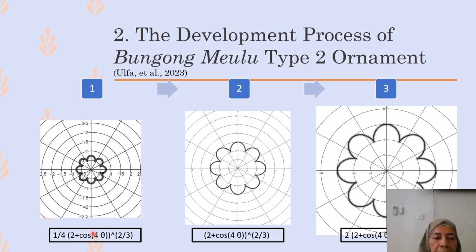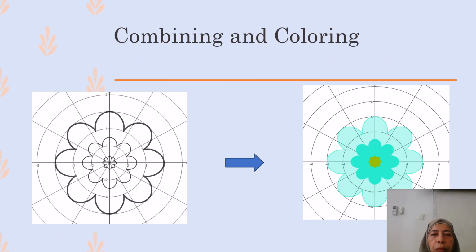When we multiply the coefficient by 1/4, the picture will shrink, like on the left hand side, and on the right hand side when we multiply by 2, it will be enlarged. And when we combine all together, they will be like this. And we can also color them, and it will become like this.